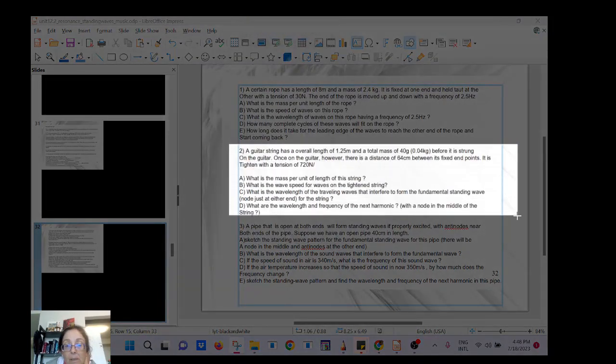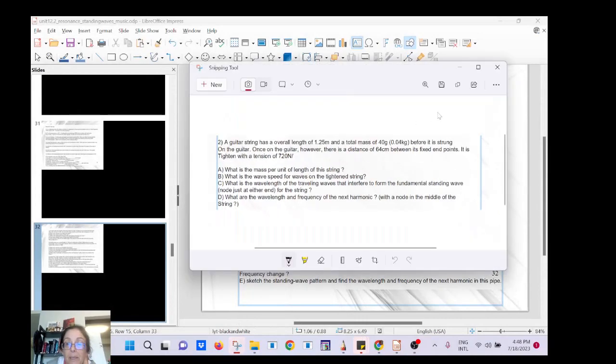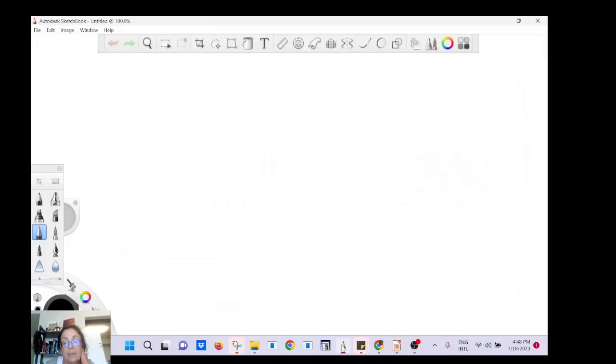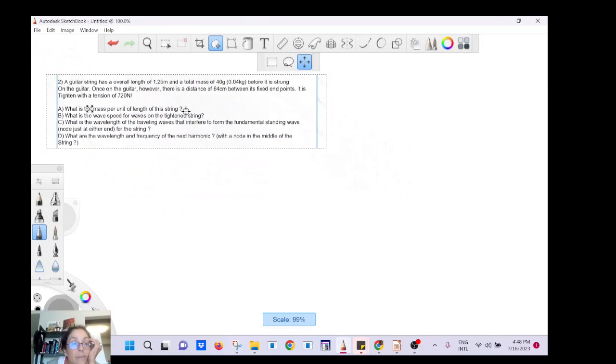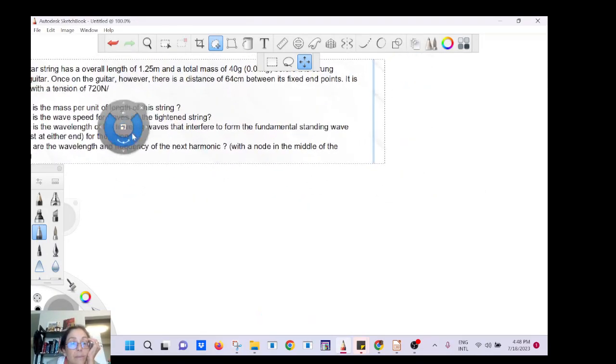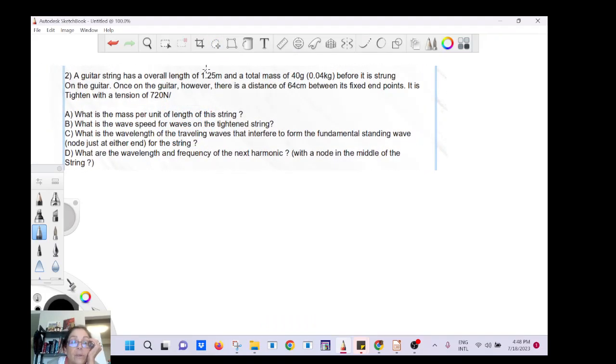Still the same kind of problem here. So a guitar, so you have the length and you have the mass. So that's the total length of the guitar.